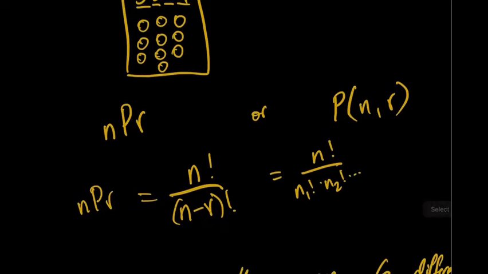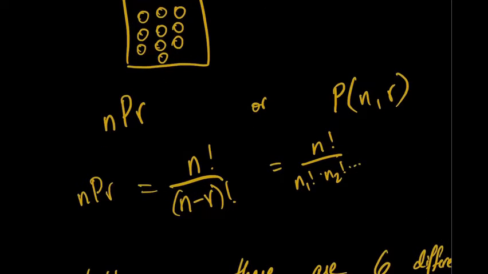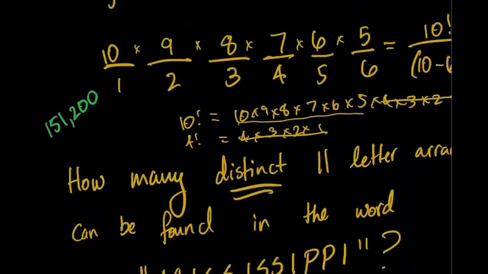Now, what do these n1, n2, etc. mean? Well, these just stand for specific subsets or specific groups within the larger group of the n, which keep being repeated. So this tends to be used for the letter arrangement type problems.